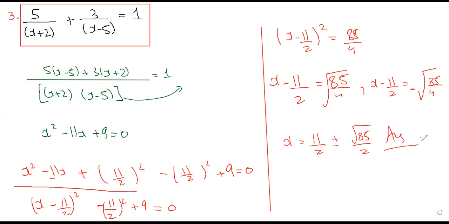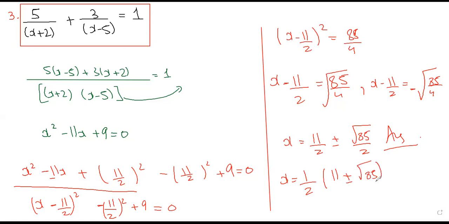This answer would work. If the examiner says give the exact answer, you need to give the answer in fractions, because even if you convert this, I've taken the under root of 4, that is 2, right? The next step would be, I just wanted to tell that we can take 1 by 2 out: 11 plus minus under root 85.